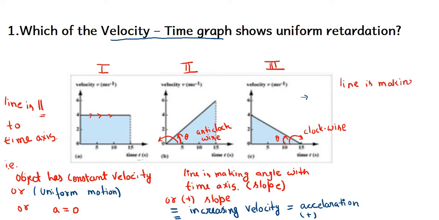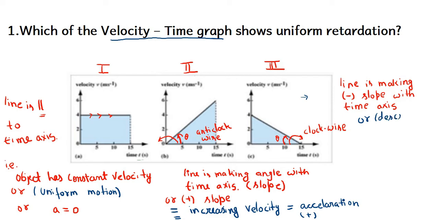That means now we have a negative slope. And what does the negative slope mean? Negative slope means object is decreasing its velocity with respect to time. When an object is decreasing its velocity, it's also referred to as object has negative acceleration.